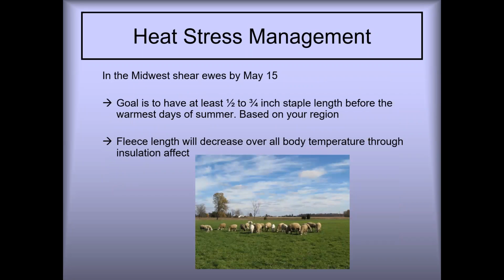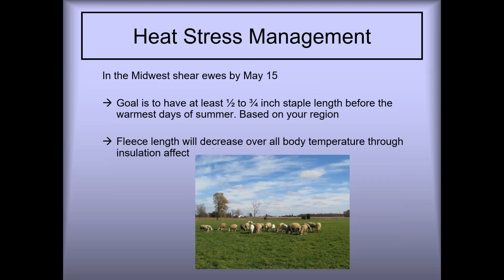So as far as managing heat stress, one of the strategies we like to look at is getting the sheep sheared so that we actually have some fiber length or fleece length back by the time the heat of the summer arrives. So we shear a big chunk of our ewes here in March.